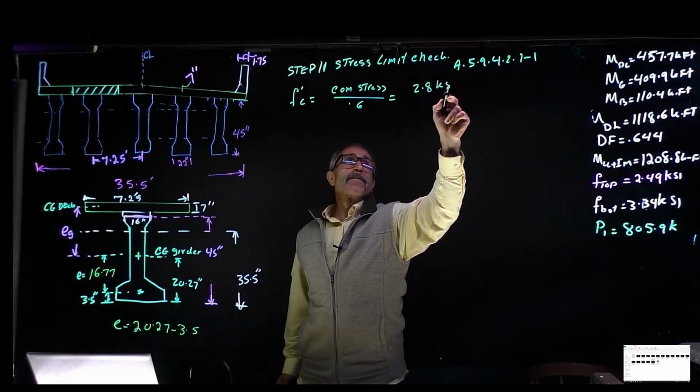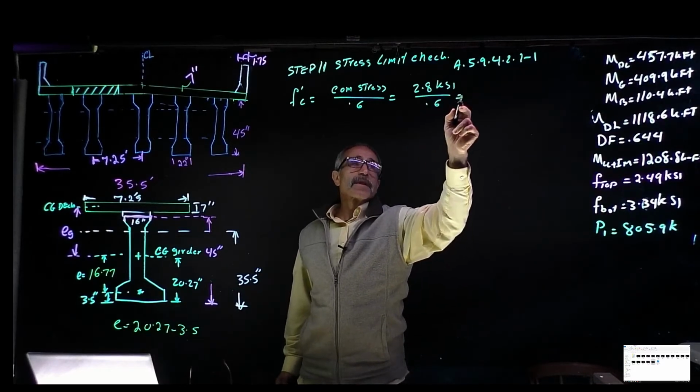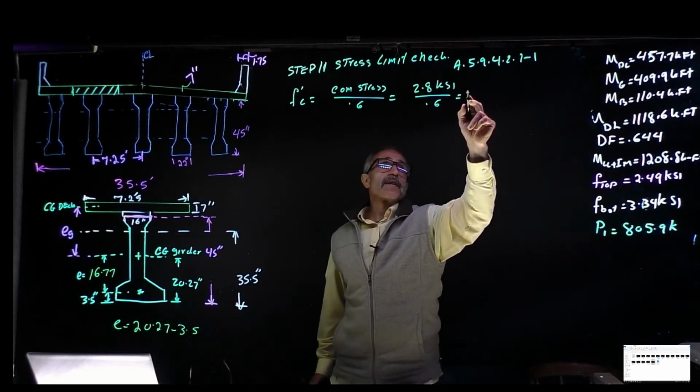We said tension was positive, compression was negative. So 0.6, and this will give us 4.67 KSI.